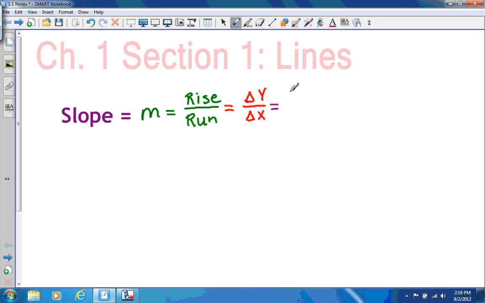And we also will look at it as y2 minus y1 over x2 minus x1, where the x and y values are the coordinates of some points. The order of these does not matter. You could put y1 minus y2 as long as you put x1 minus x2.